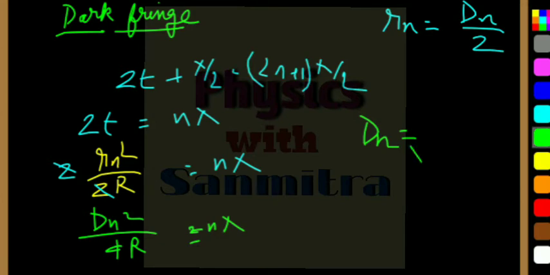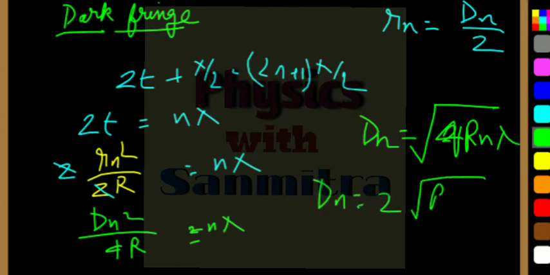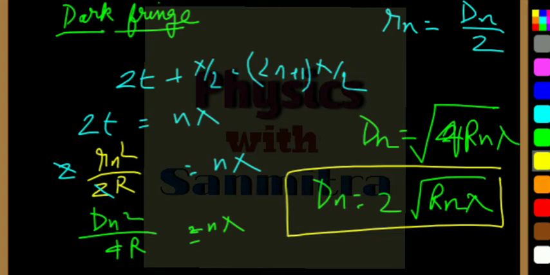So dn will be equal to root over of 4R n lambda. This 4 we can take out common. Dn will be 2 into root over of n R lambda, that is my dn for the dark fringe.